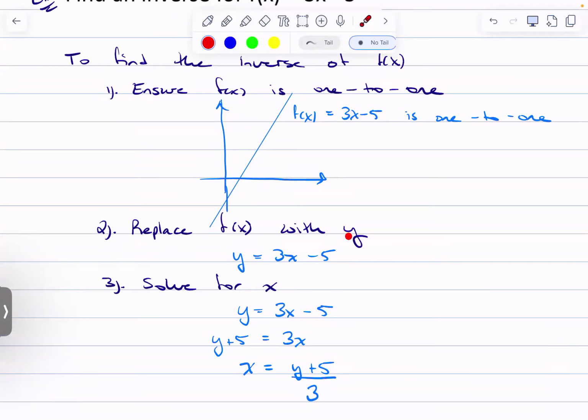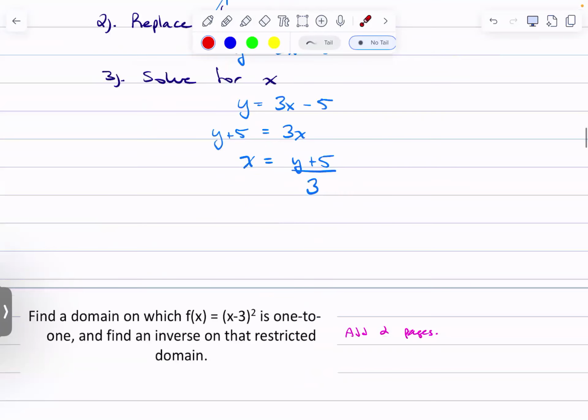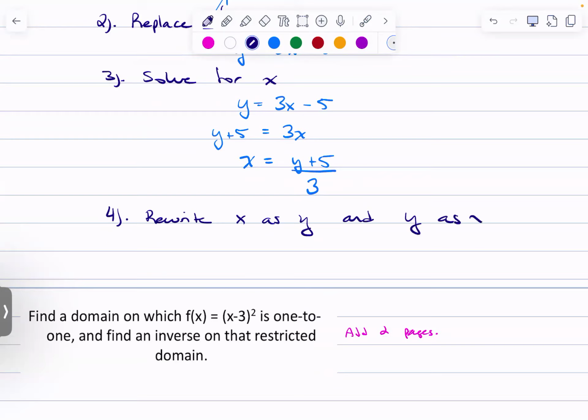Replace your y with x and your x with y, and you would end up in the same place, but then you would solve for y, right? But I like this method. They're the same. Rewrite x as y and y as x. So then I get y is x plus 5 over 3. Remembering now that this is your inverse.